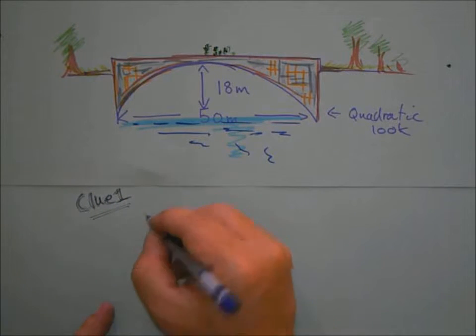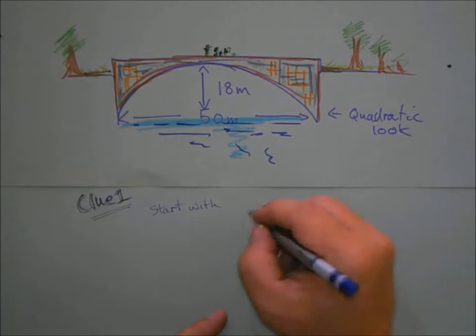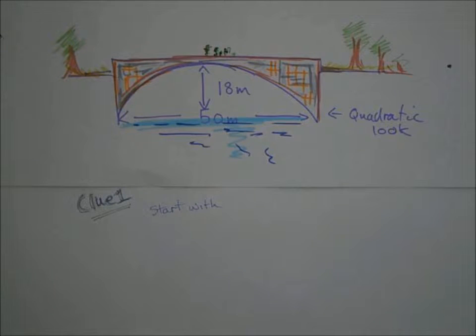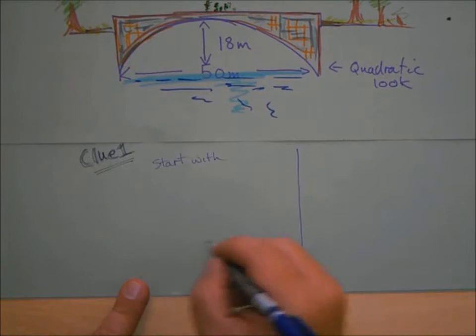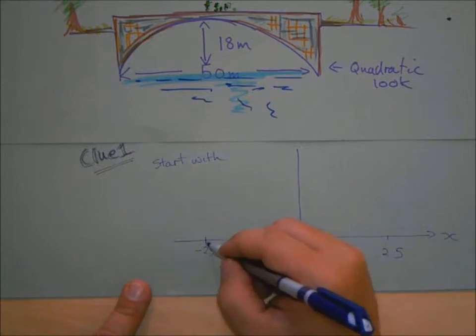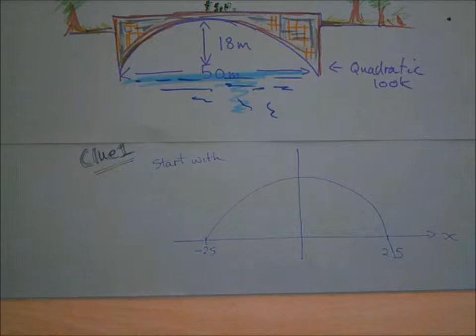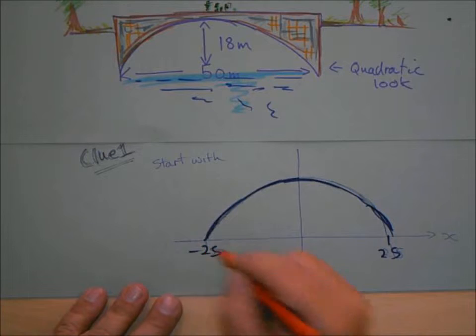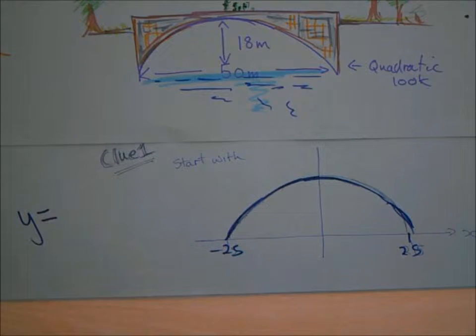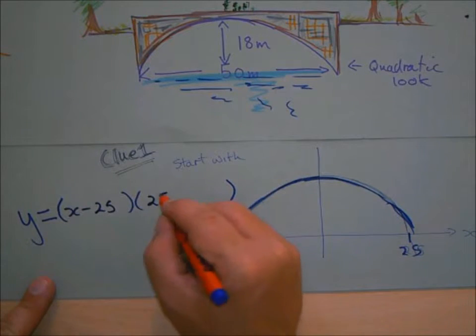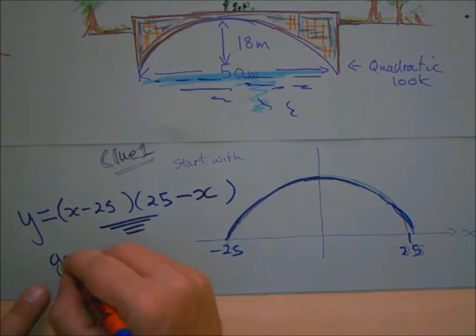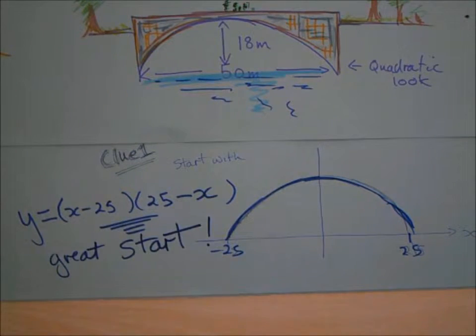So we're starting with that graph, and we're using the y-axis in the middle, and so that splits our 50: minus 25 one side, 25 the other. And so we can now use the two brackets, and we've got x minus 25 and 25 minus x.